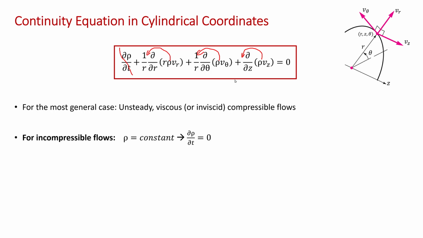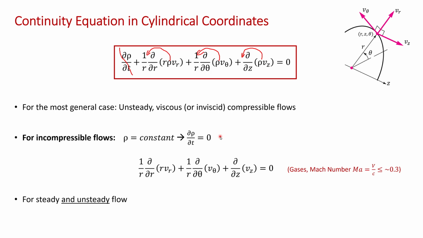When we do this, it can be canceled, and we end up with this simplified version, which is the continuity equation for incompressible flow. Recall, as we discussed in Chapter 1, for external gas flows to be treated as incompressible, the Mach number must be less than about 0.3. So this version of the continuity equation can be used for both unsteady and steady incompressible flows.